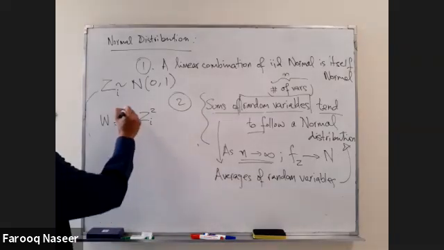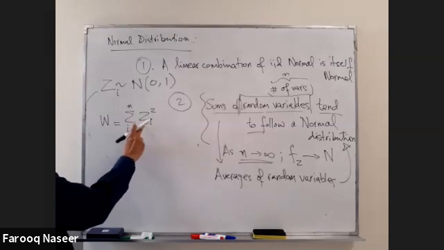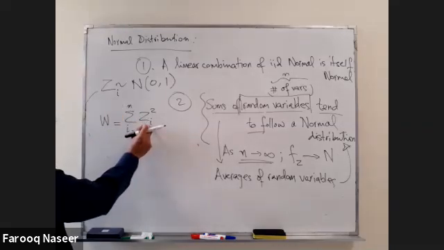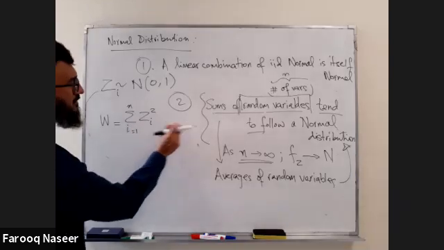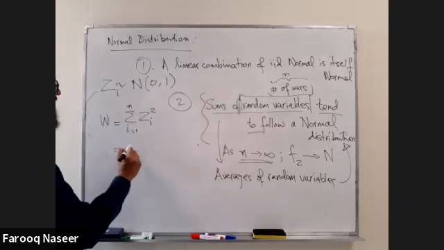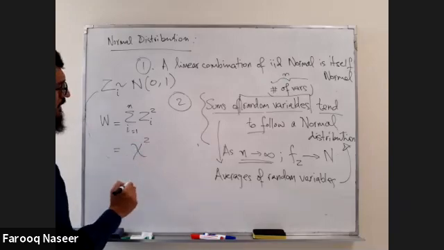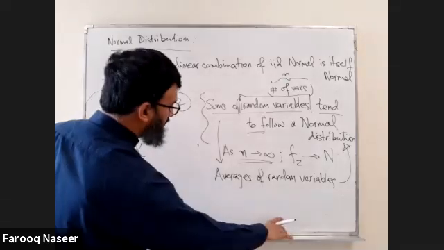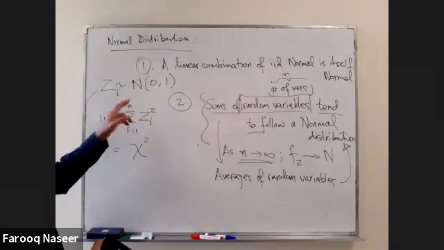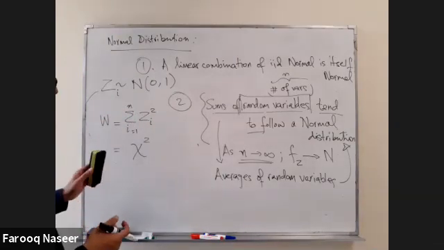So if we are squaring them and then adding them, so each individual random variable is a chi-squared, and then we are summing these chi-squared random variables. That will also follow a chi-squared distribution with more degrees of freedom than simply squaring one.